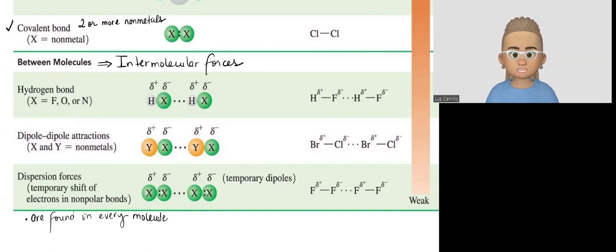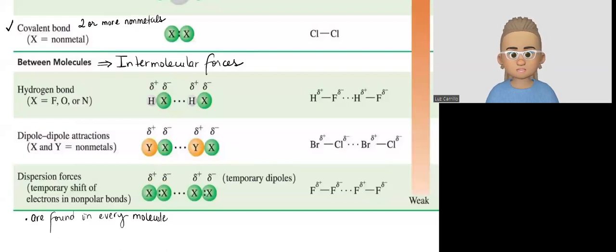Dispersion forces essentially are going to be forces that come as a result of temporary dipoles. These temporary dipoles come from the idea that electrons in an atom or in a molecule are going to be moving around, and temporarily they're going to create two poles. That's why we have the word dipole, meaning two poles. What are the two poles that are created? One positive, one negative.